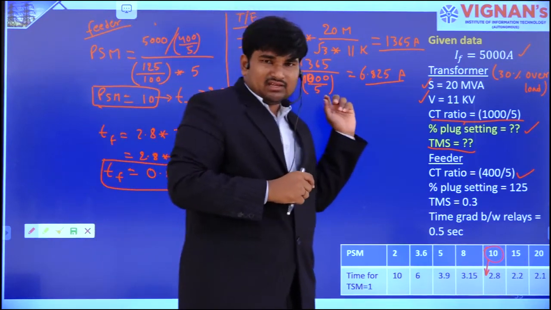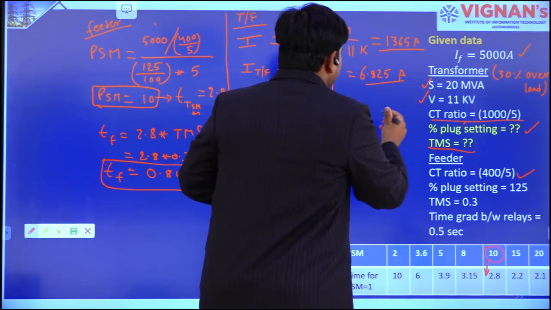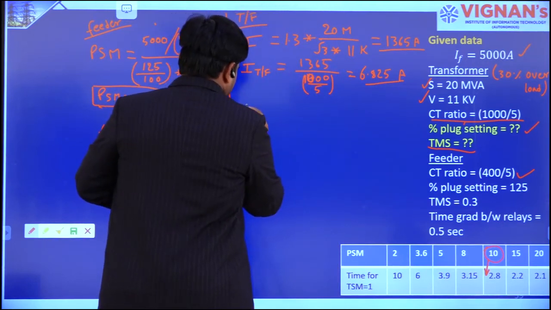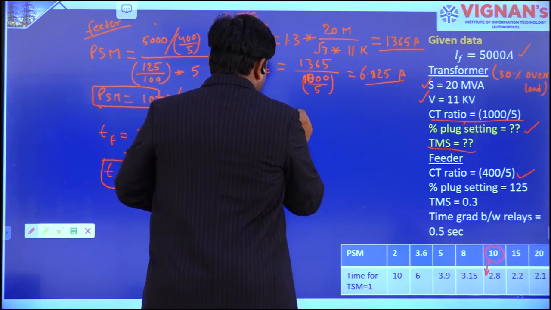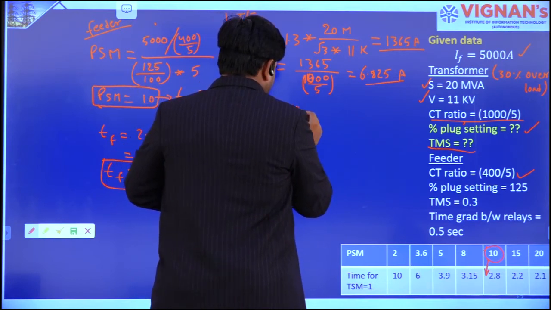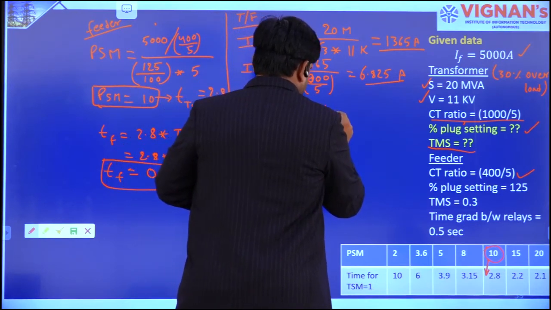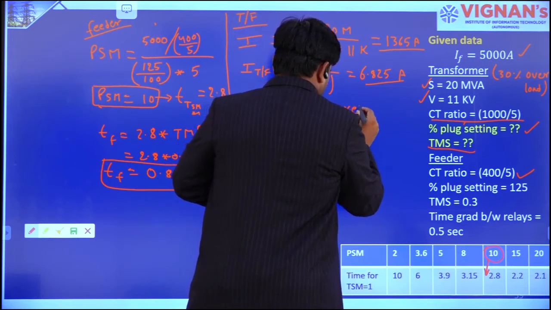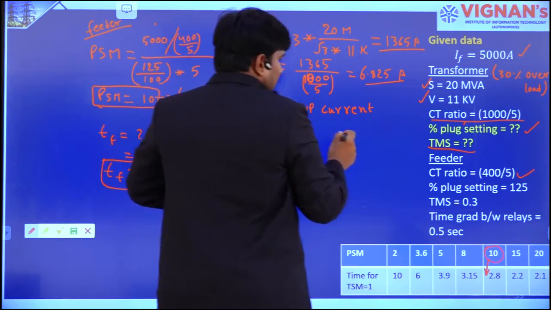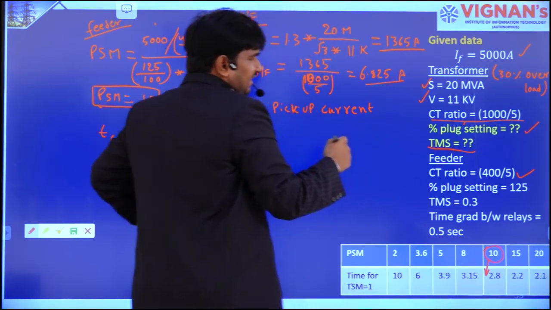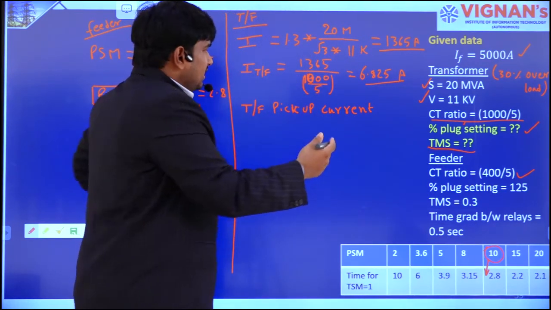Here we will take one assumption, like the transformer pickup current should be greater than or equal to this value.